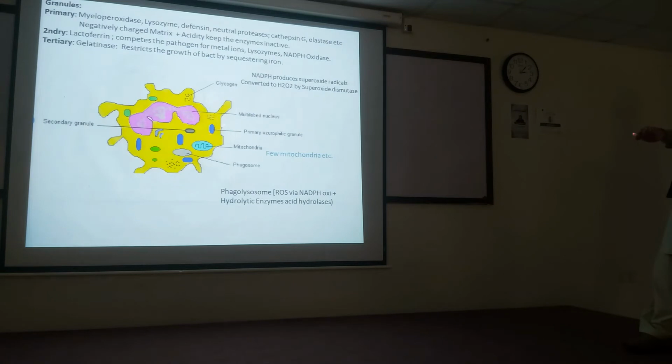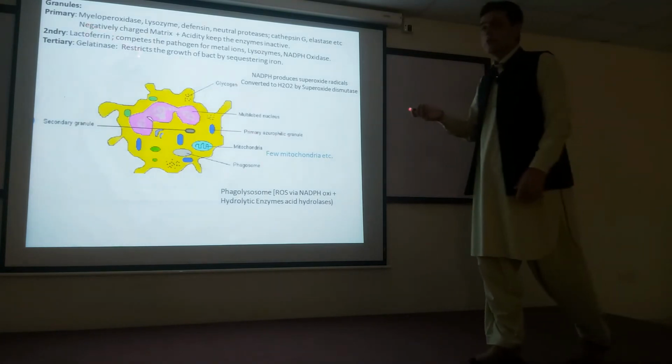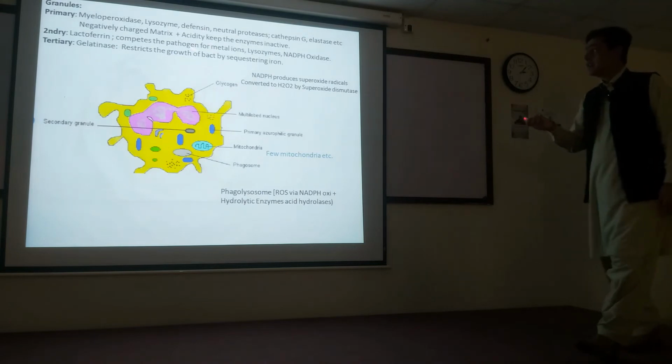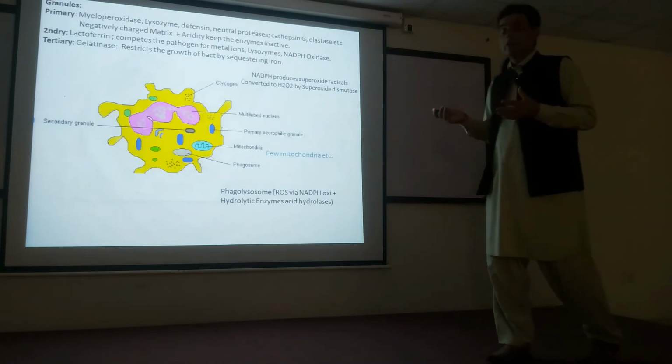And inside these primary granules also is a negatively charged matrix. Okay, so on one hand there is a matrix inside this primary granule which has a negative charge, and on the other hand the environment inside this granule is very acidic, it is highly acidic. Okay, and these two things, the negatively charged matrix in the granules and acidity inside the primary granule that I am talking about, are needed for inactivity of the enzymes.